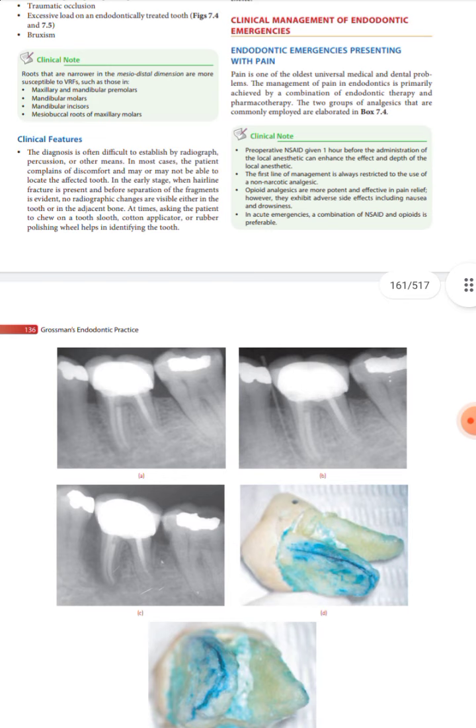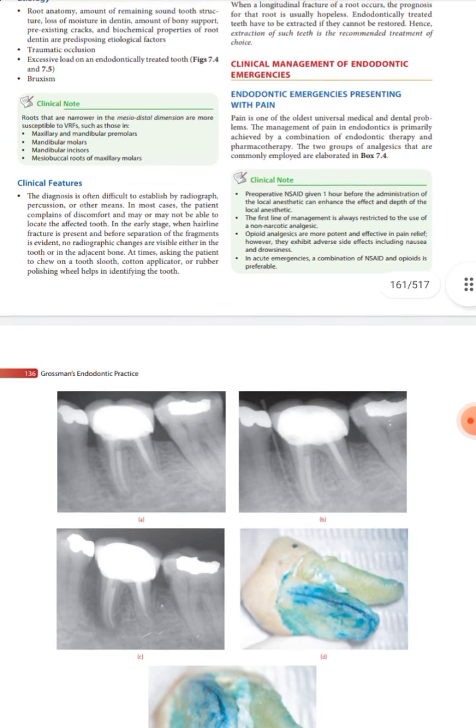The roots that are narrower in the mesiodistal dimensions are more susceptible to VRF, such as those in a maxillary mandibular premolar, mandibular molar, mandibular incisor, mesiobuccal roots of maxillary molar. Clinical picture क्या है?